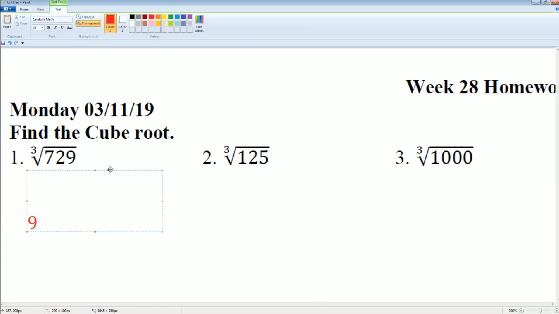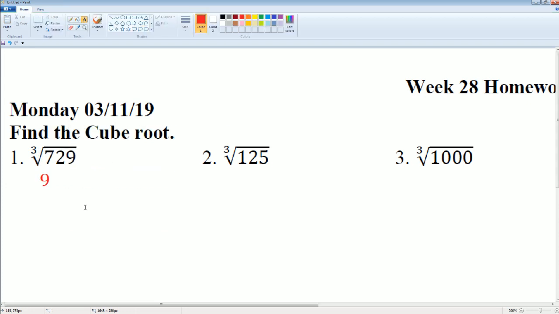It's not plus or minus 9. It is just 9. Why is that? I can draw it for you.